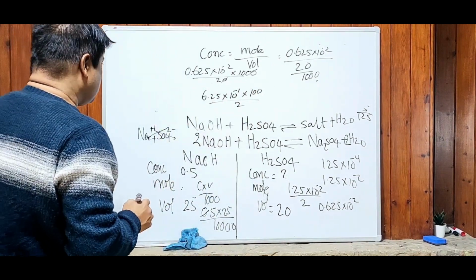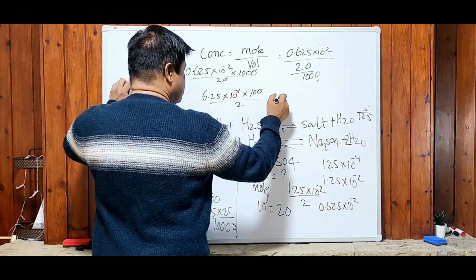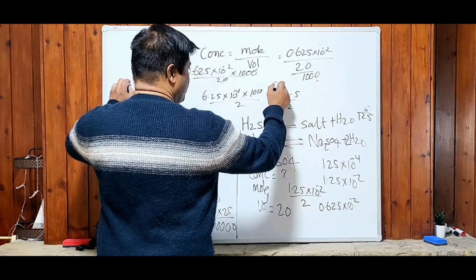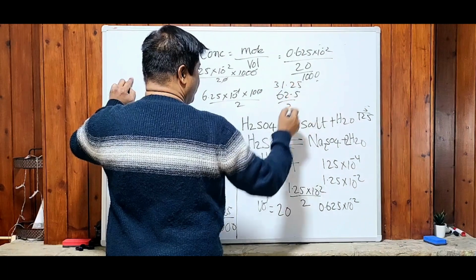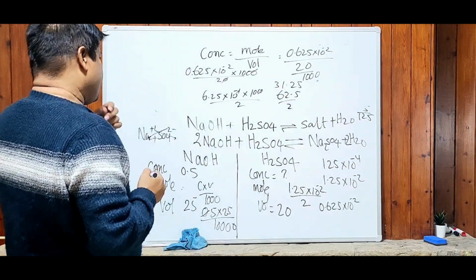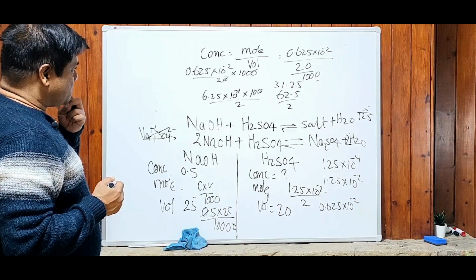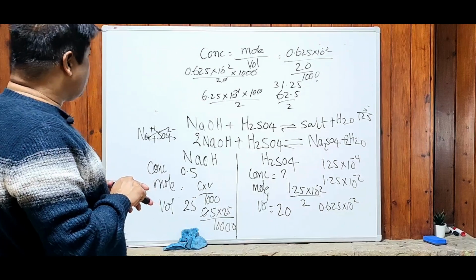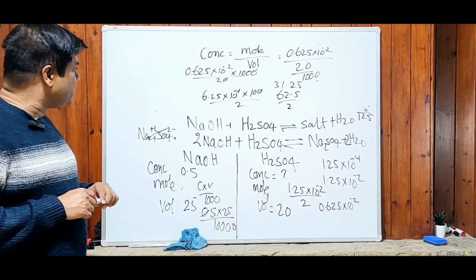That also cancels. So roughly 62.5 divided by 2, so 1.25. I'm not happy with that. Anyway, that's the concentration of the sulfuric acid that we got.